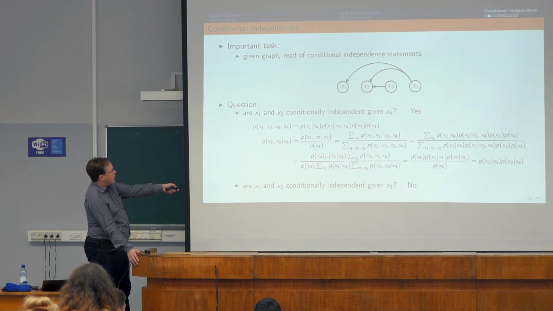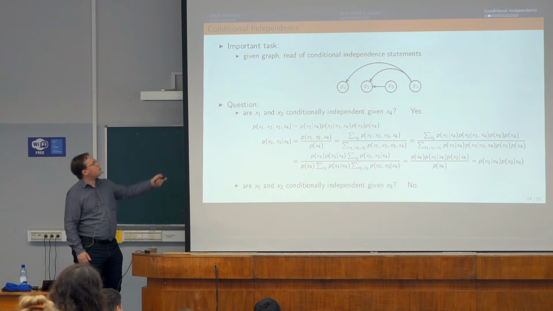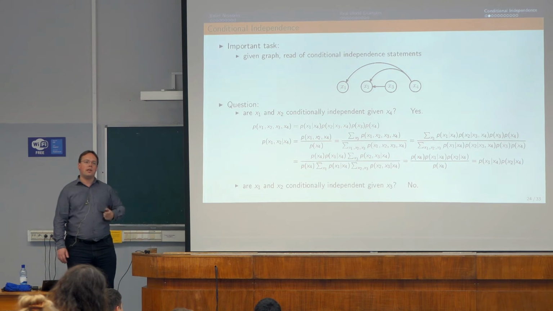For example, these two cancel out. What we end up with is the probability of X1 given X4 multiplied with the conditional distribution of X2 given X4. And this is exactly the definition of conditional independence, right? The joint probability of these two given 4 is the product of one given 4 and the other given 4. So yes, already just knowing this graph will tell you that X1 and X2 are independent given X4.